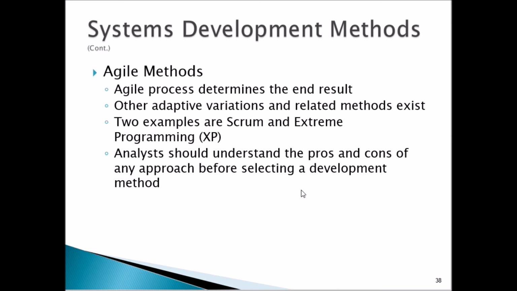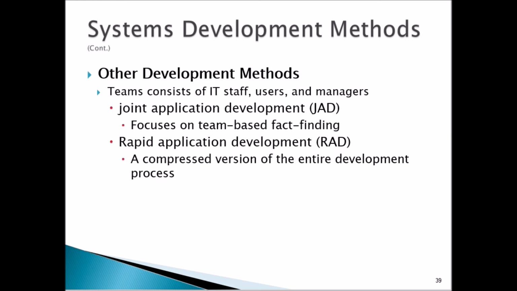One thing it mentions here that is important is analysts should understand the pros and cons of any approach. If you're going to use Agile, like I said, and you're going to work with Scrum, make sure you have a good Scrum Master. That's my best advice. Other development methods where teams consist of IT staff and users are the joint application development, which focuses on team-based fact-finding, and rapid application development, which is a compressed version of the entire development process.